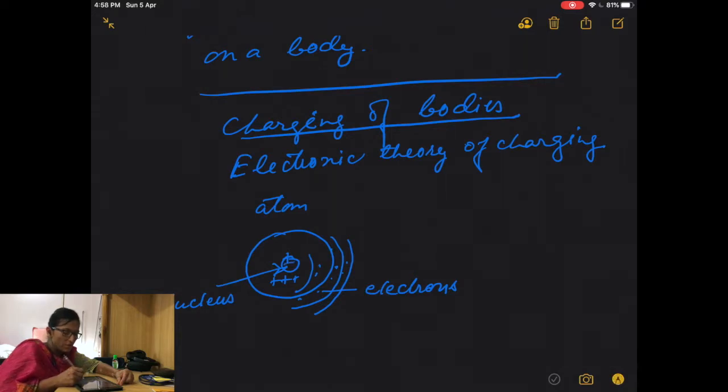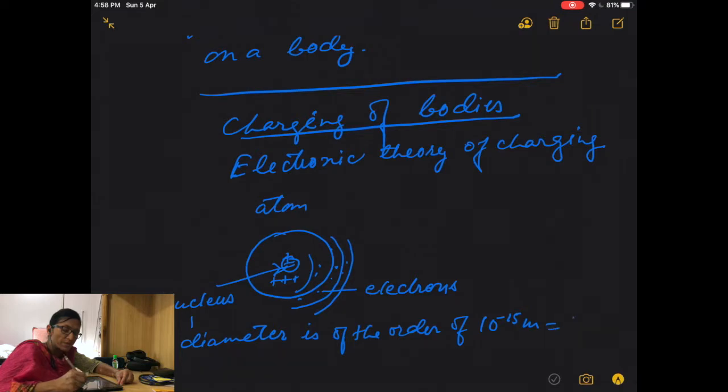Now the size of this nucleus is very small. Its diameter is of the order of 10 to the power minus 15 meter, which means 1 femtometer.